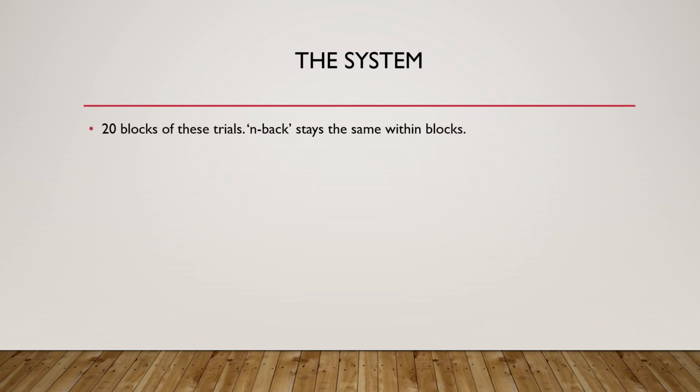For the system, you will have 20 blocks of trials. The trials that I just showed you, each of those green squares is 1 trial. You will have 20 trials and you will have 20 blocks. Within the blocks, the N-back will stay the same.